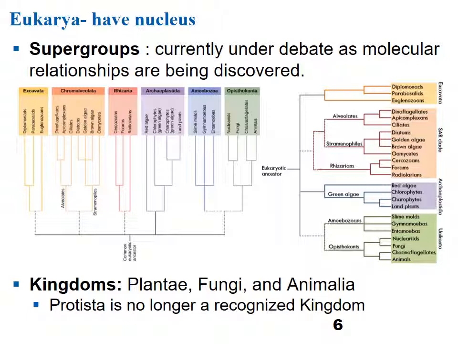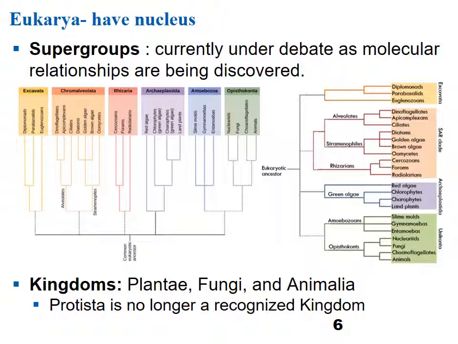So they're not quite sure of the evolutionary history of those different organisms. I'm not going to make you memorize any eukaryotic supergroups. However, I do want you to know broadly about the eukaryotic kingdoms. So we've got plants, fungi, and animals for eukaryotic kingdoms. We also have a group of eukaryotic organisms that's the catch-all group of eukaryotic critters.